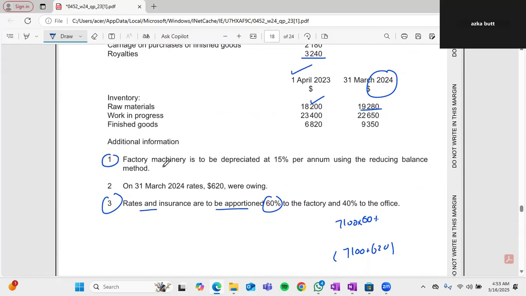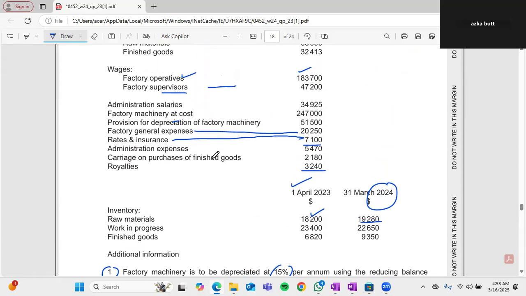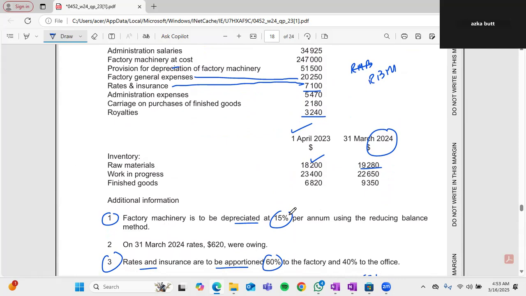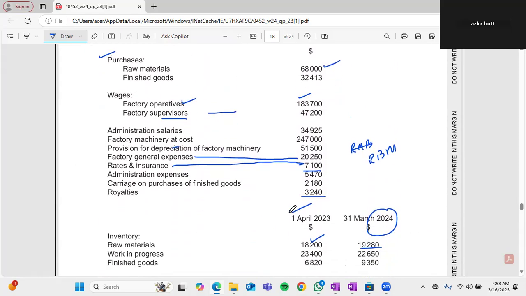Now let's see the depreciation. So if you see the first additional information, factory machinery is to be depreciated at 15% per annum using the reducing balance method. It means that for the reducing balance method, we have to apply this 15% on the net book value.